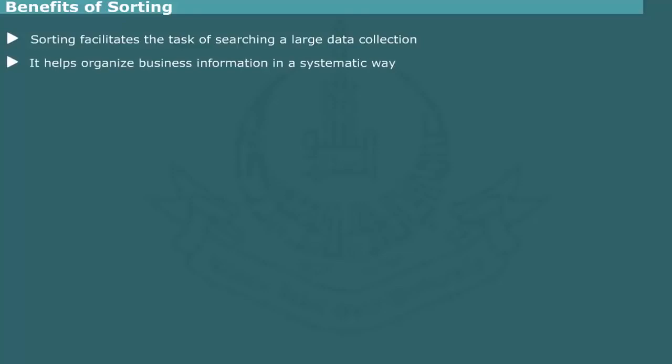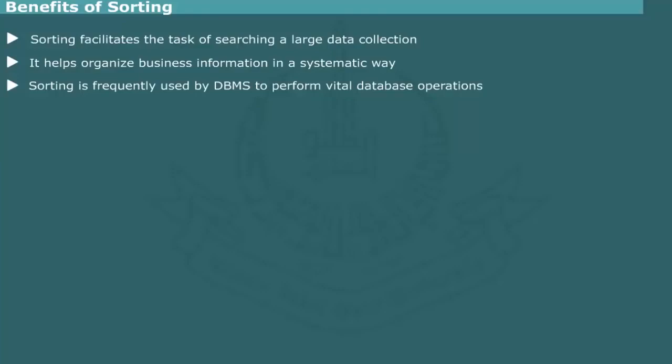Sorting helps organize business information in a systematic and meaningful way. Invariably, a collection of business data is pre-sorted to generate reports, statements, and summaries. Sorting or indexing is a vital operation supported by Database Management System (DBMS).